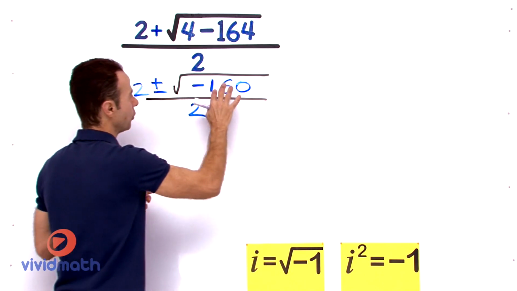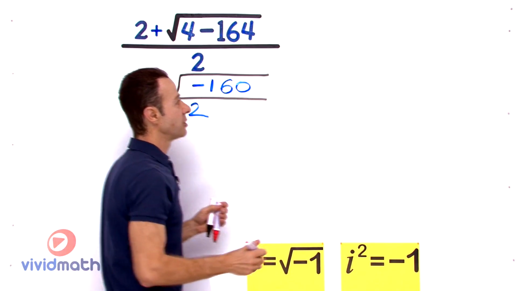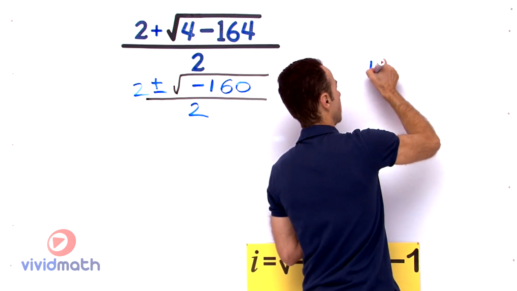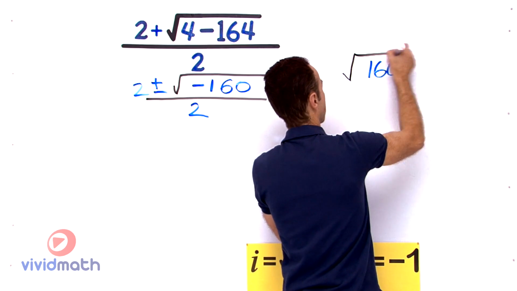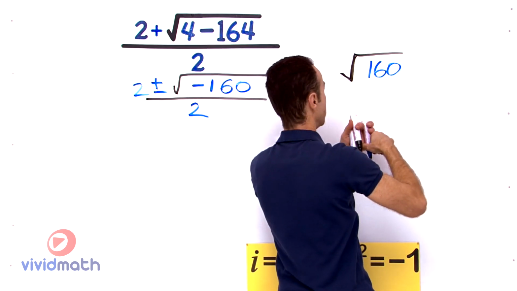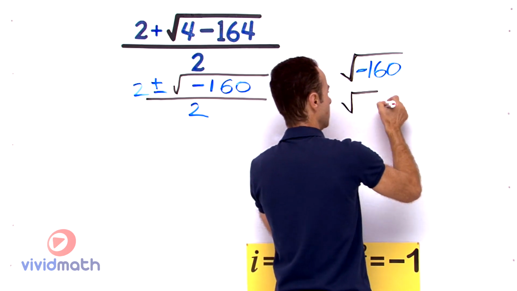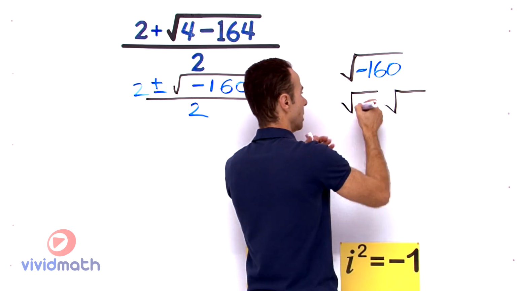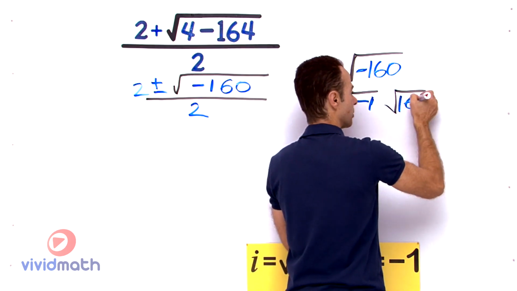Okay, that -160 is where we've got to use the imaginary numbers. So I'm going to take that 160 and break it up into 2 radicals. So that's going to be broken up into -1, since there's a negative there, and a positive 160.